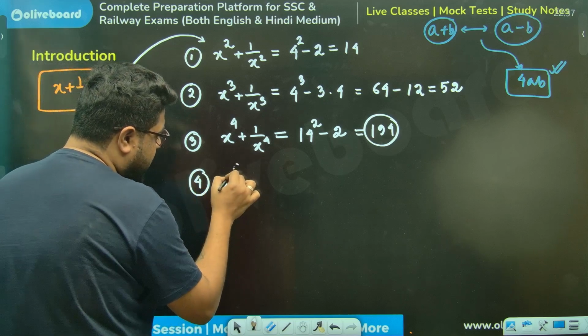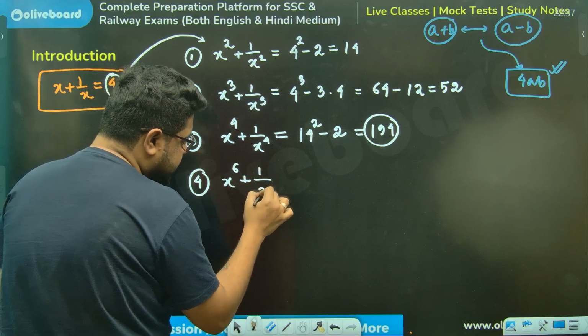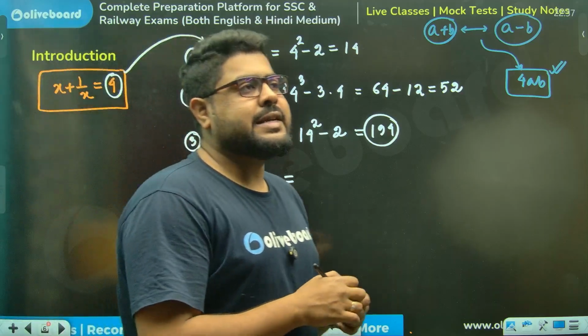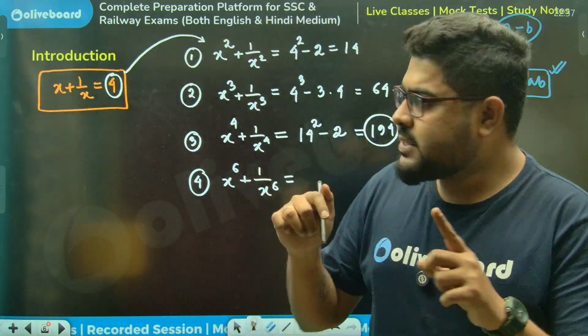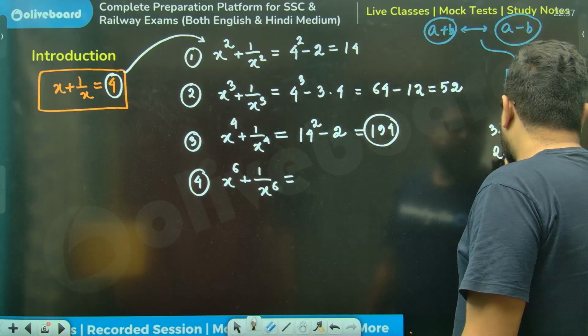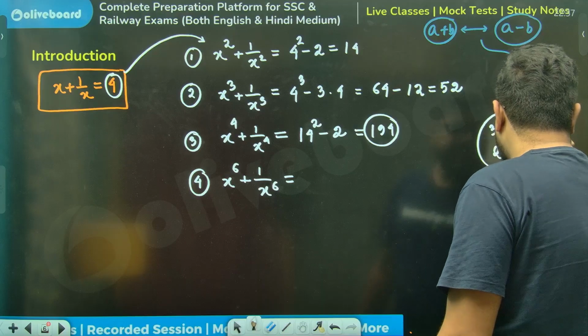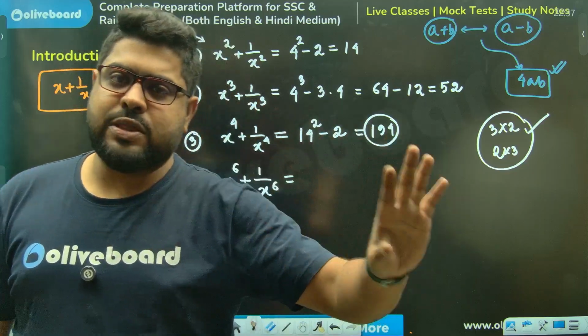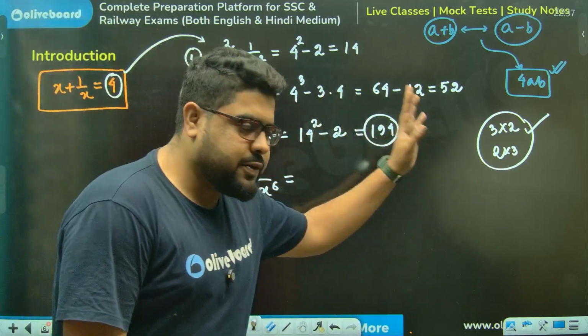Now, what about 6? Very, very common is to the power 6. Now you see, here 6 means, sir, either 3 into 2 or 2 into 3. Please understand, square then cube, or cube then square. You can go both ways.